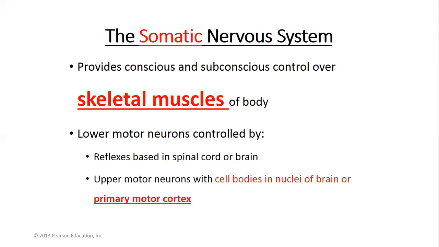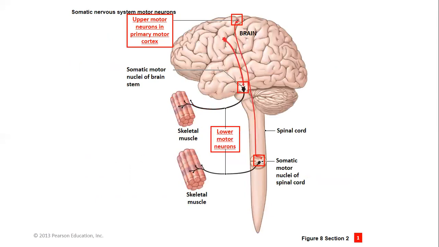Lots of stuff going on here, fancy pathways sometimes, right? So here are the upper motor neurons. Cell bodies are located in the primary motor cortex. Remember, it's the precentral gyrus, right? Here's the postcentral gyrus, which is where the primary sensory cortex is located.